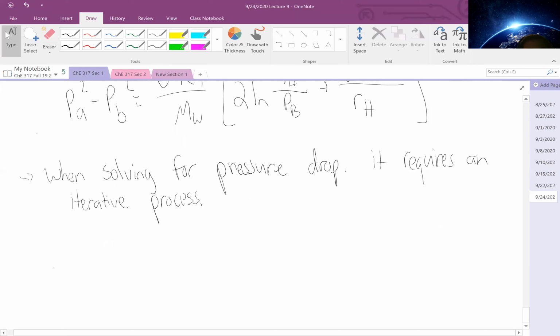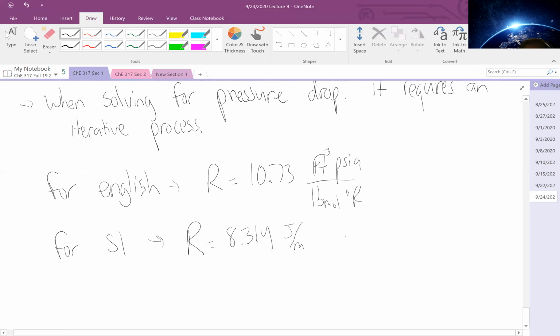And so for English units, I recommend using R as 10.73 cubic feet PSIA per pound mole R. And for SI, it really depends on what pressures you're going to look at, but you can use the 8.314 or 0.08205 cubic meters atmospheres per kilomole Kelvin, depending on what you're looking at.